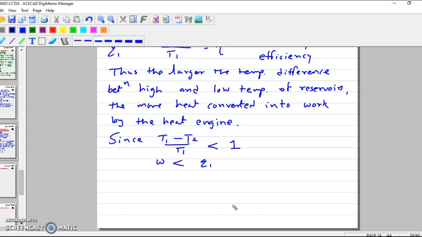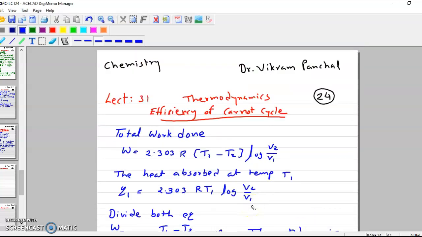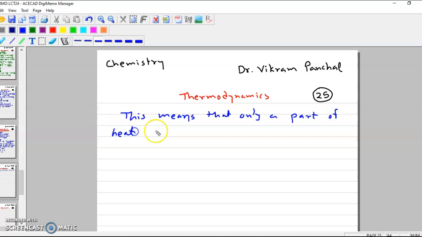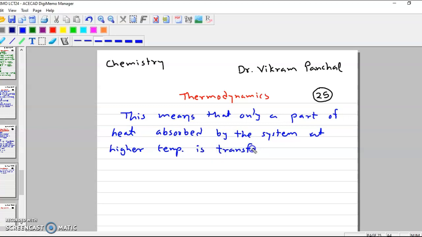So this means that only a part of the heat absorbed by the system at higher temperature is transferred into work.